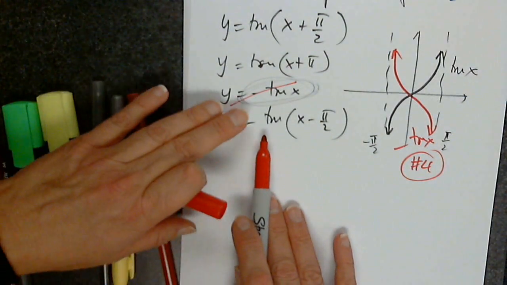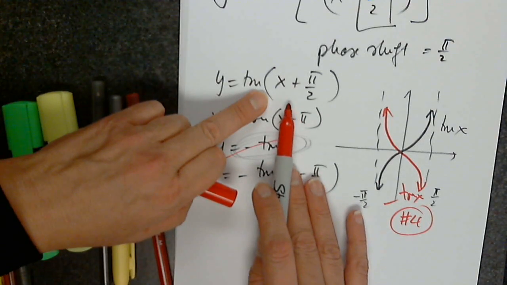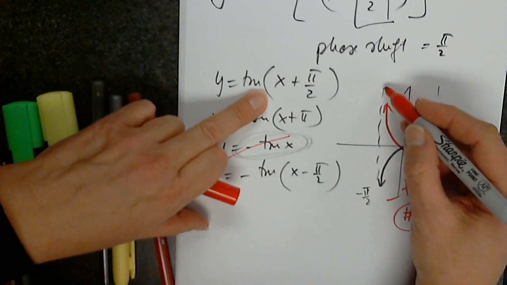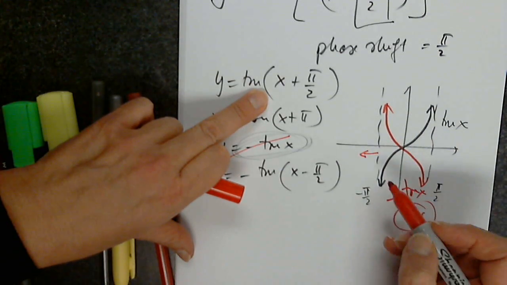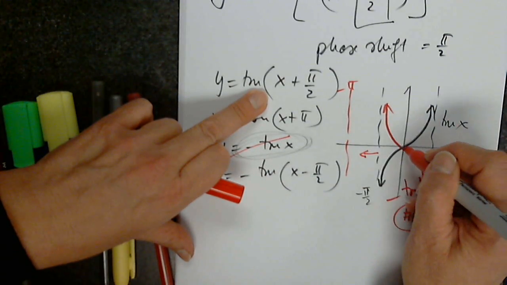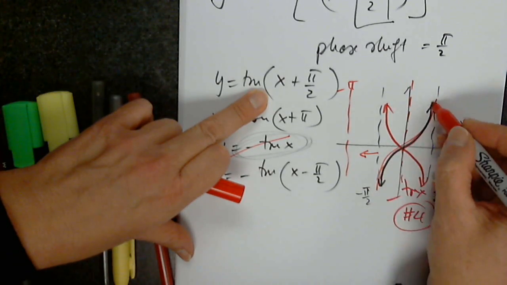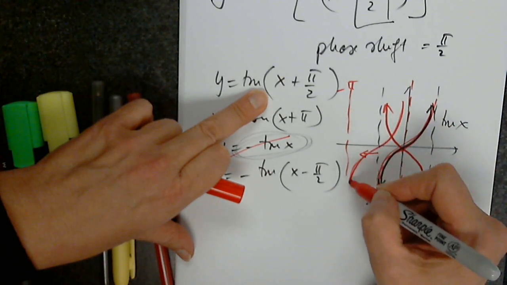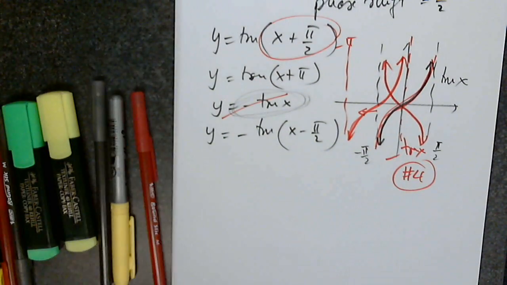Now, this one. What is its phase shift? So this vertical asymptote will move to negative pi, and this one will go here. The graph moves here because it's a phase shift of pi over 2 to the left. Do we have a graph with vertical asymptotes at 0 and negative pi?